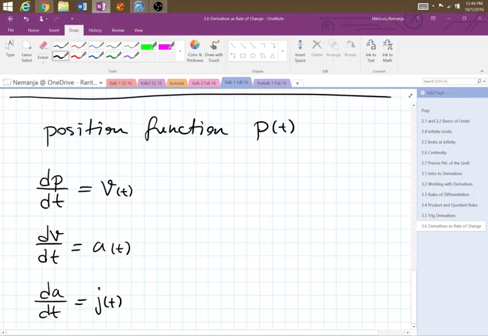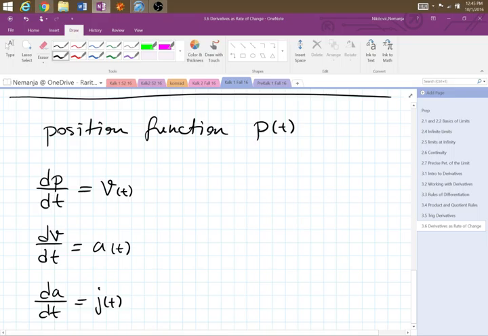Now, the book doesn't talk about it. I'm just going to toss it in because I want to show how far we can go with multiple derivatives. If you start with a position function being your level ground, like f of x, then the first derivative, second derivative, third derivative, they're all in there. So jerk would be the third derivative of the position function. Do we see that? We keep taking derivatives.